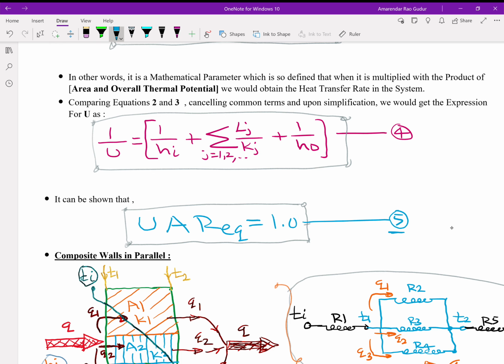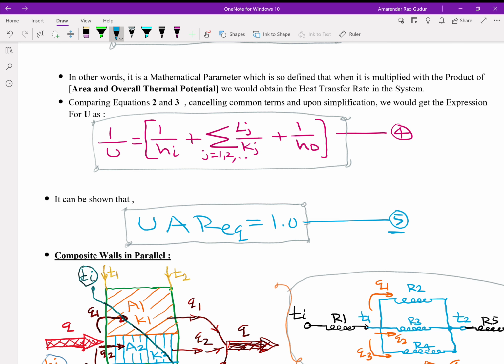If you talk about the current system, a 3-layered system, J will go on up to 3. So 1 by U will be 1 by Hi plus L1 by K1 plus L2 by K2 plus L3 by K3 plus 1 by H naught. So in the middle you are going to have 3 conduction terms equivalent to 3 layers you are talking about.